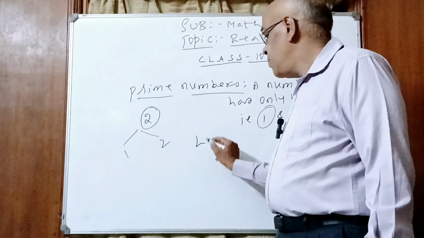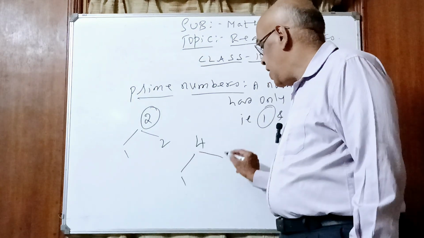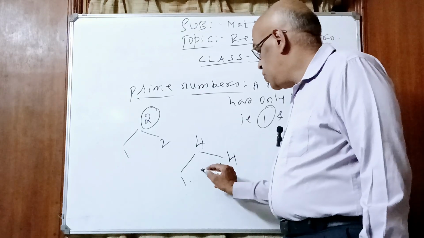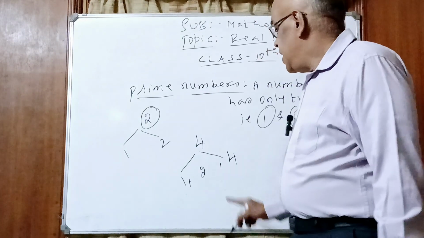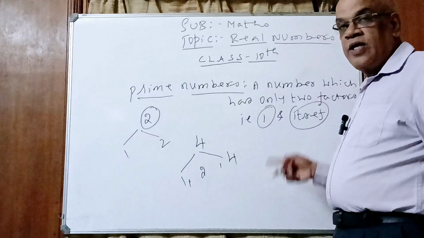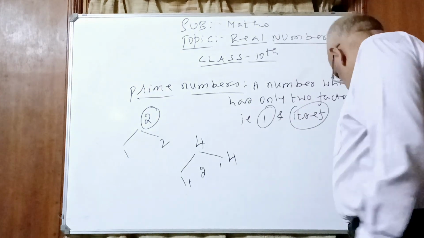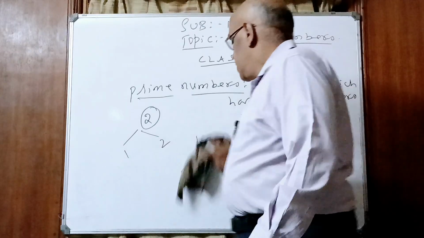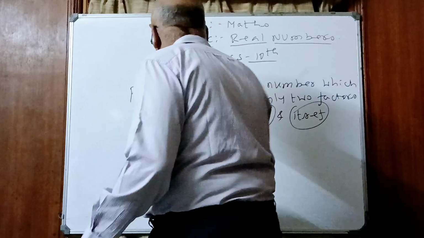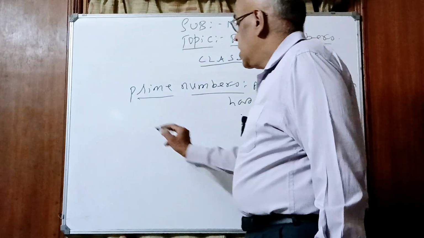Just as we studied now, 4 has how many factors? 1, itself, and 2. It has 3 factors. Any number which has more than 2 factors, that is 3 or more, is not a prime number. Now, I hope you understood this. I'll take 2 more examples, then we'll go to the next topic. Come to 3, children.